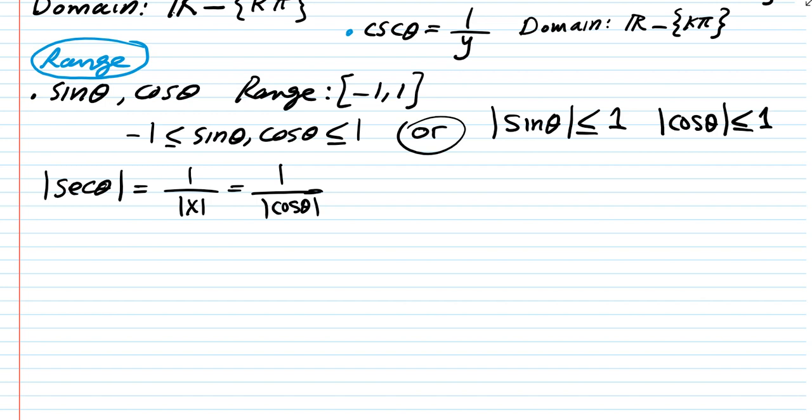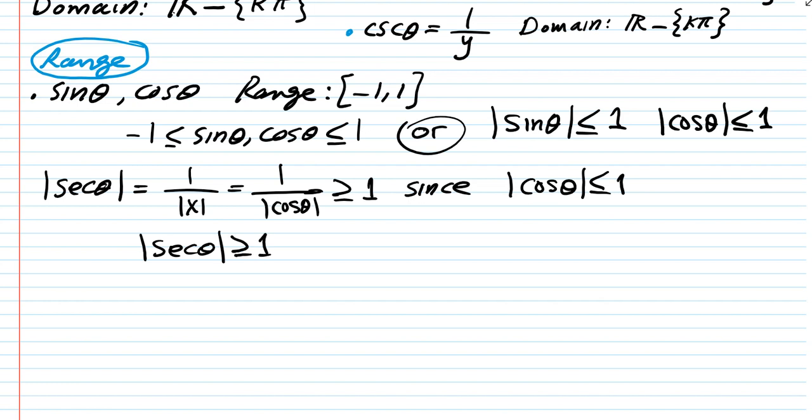Now, this is going to be greater than or equal to 1. Why? Since absolute value of cosine theta is less than or equal to 1. We just got that from earlier, right? Therefore, we just showed that absolute value of secant theta is greater than or equal to 1. That the output of the secant function is secant theta. So this means the y values are greater than or equal to 1.